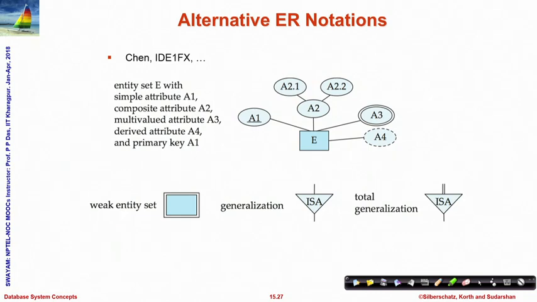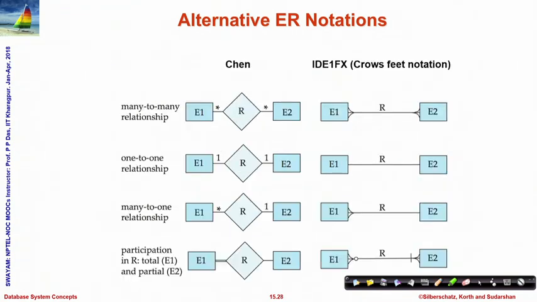And at the end also there are a few slides which show you that the ER notation itself is not a unique one. There are multiple ways to represent similar things. For example, this is one which is showing you different composite attributes. The generalization relationship is shown differently. So, these are all different styles of showing the constraints that apply to a particular relationship.